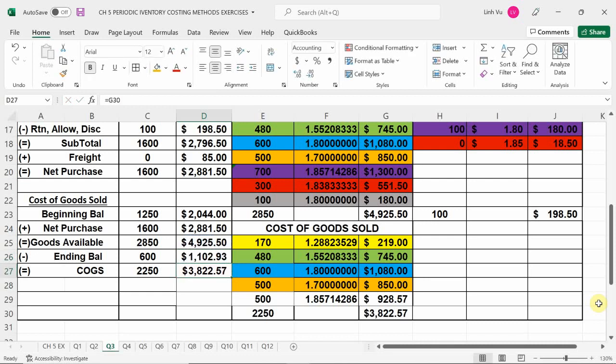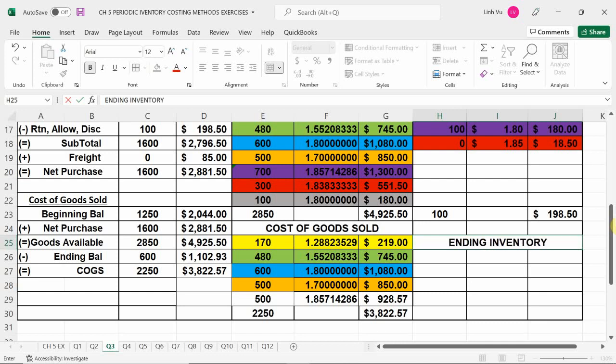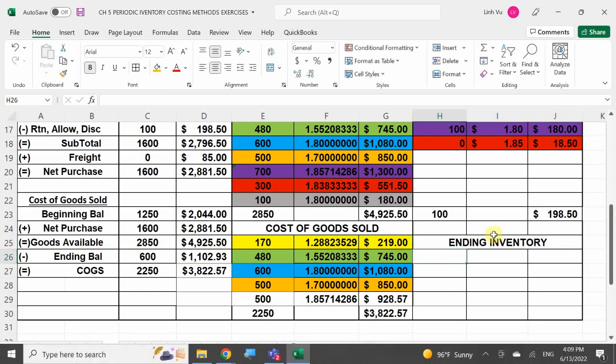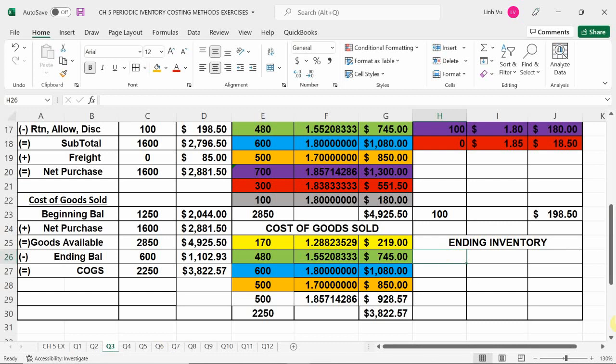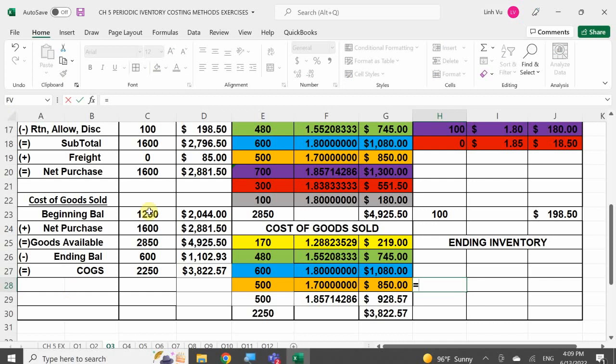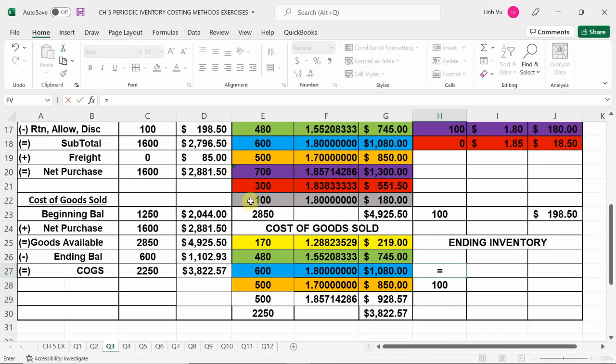Okay, if I do the formula, my ending balance is going to be $1,102.93. Okay? And of course, you can also build your ending balance table as well. So if you have already tried to solve this instead of my cost of goods sold, you'd be able to figure out that I'll have my 100 from my gray, I'll have my red batch for 300, and I must have 200 from that purple batch.